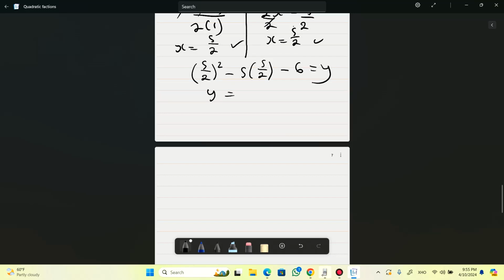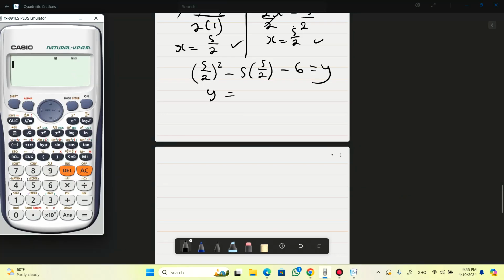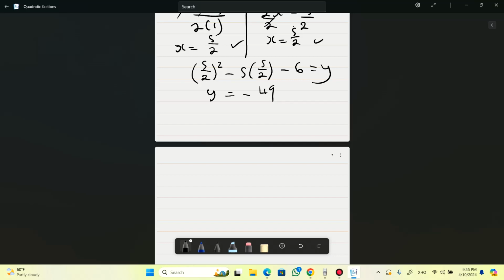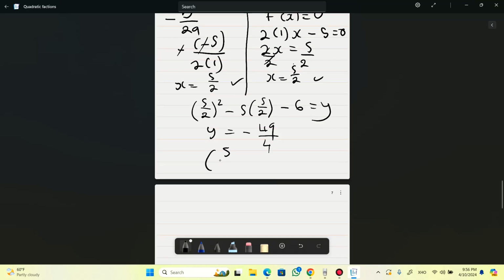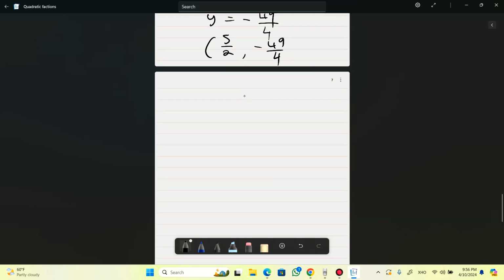So this is 5 divided by 2, squared, minus 5 times 5 divided by 2, using a bracket, minus 6, so I'm getting negative 49 over 4. So negative 49 over 4, which means my turning point in this case is 5 over 2 and negative 49 over 4, right? So let me add a sketch.